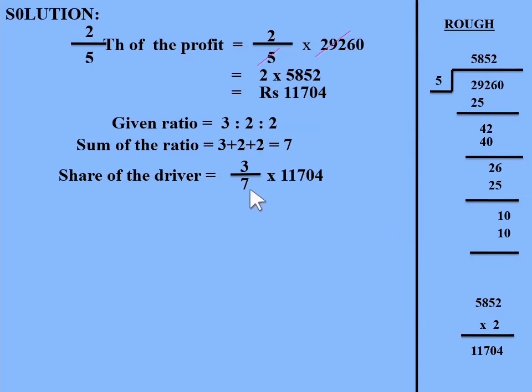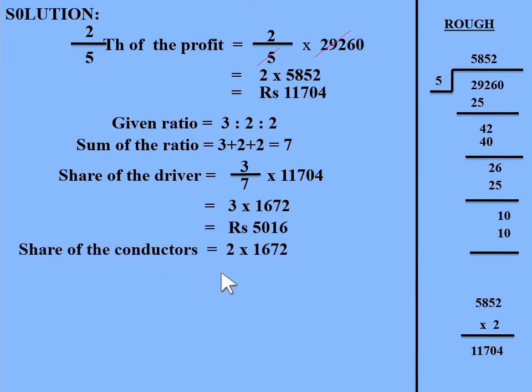Now here we have to divide 11,704 by 7, which is equal to 1,672. Now 1,672 is to be multiplied by 3, which is equal to rupees 5,016. So from 11,704 rupees, the share of the driver is 5,016 rupees.